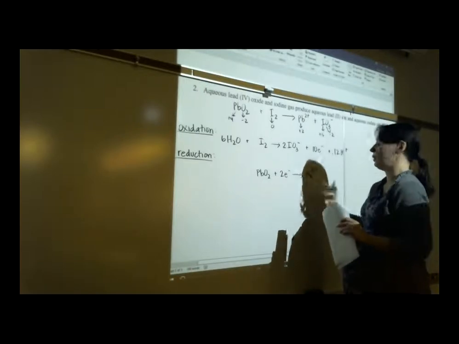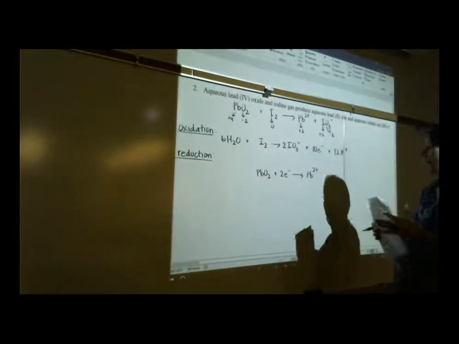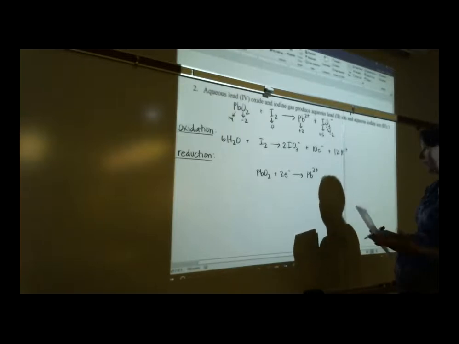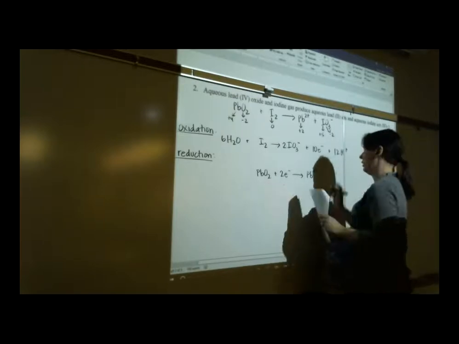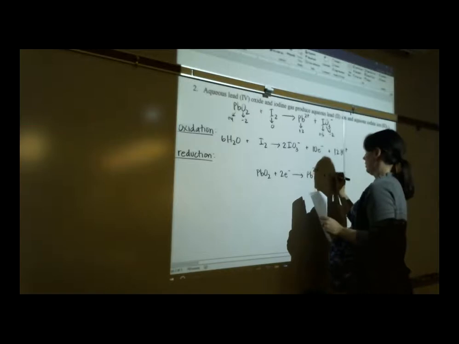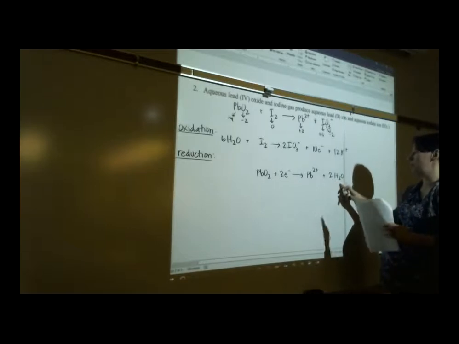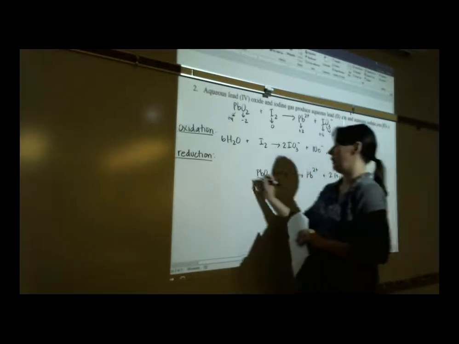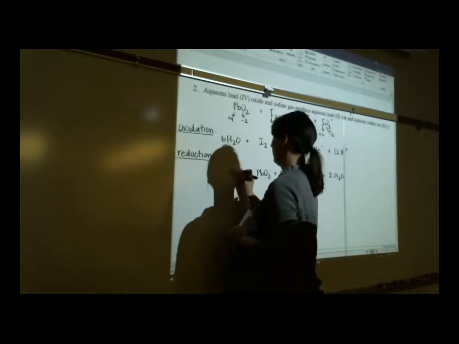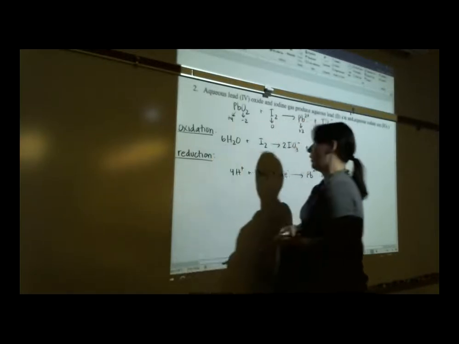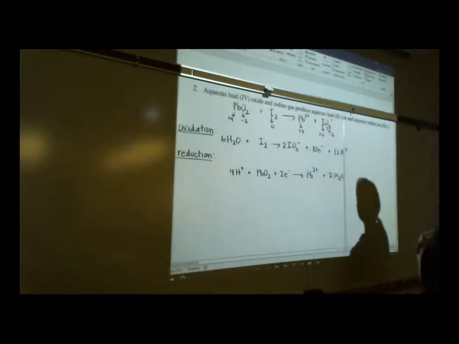Now the leads are 1 to 1, so I don't need to deal with any coefficients. I just need to deal with the oxygen situation, right? I've got 2 oxygens here, so I need 2 H2O. But now I've got to deal with the hydrogen situation. 2 times 2 is 4. So now I need 4H+ over here. And now I've got a balanced half reaction.